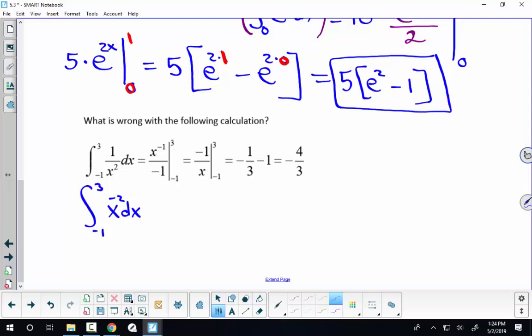When you have the x squared, can you use ln? The ln would be for just 1 over x. Okay.